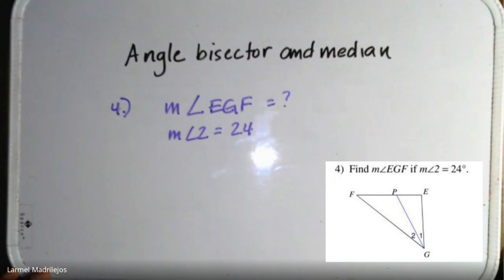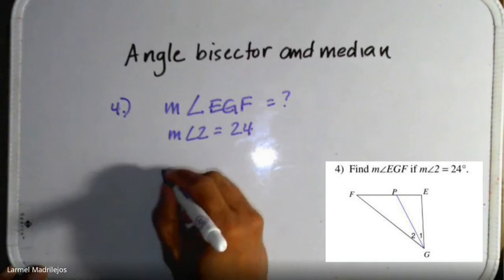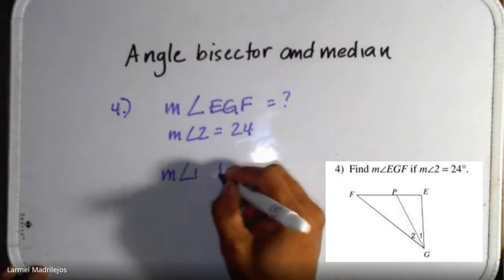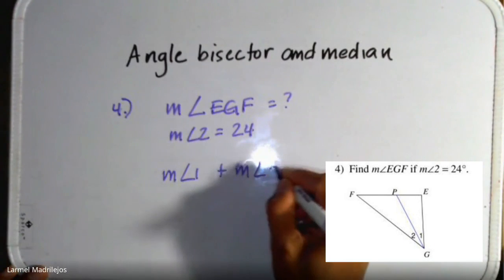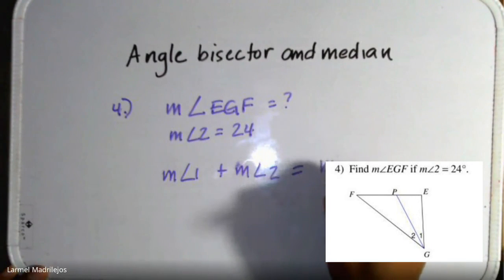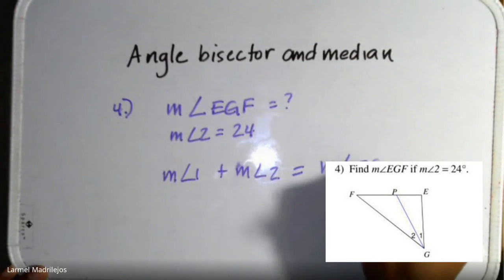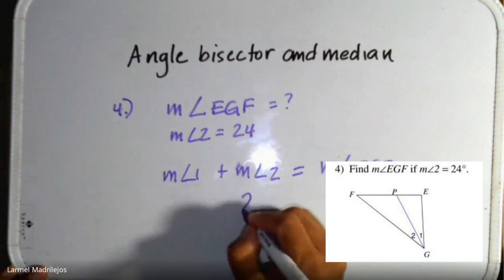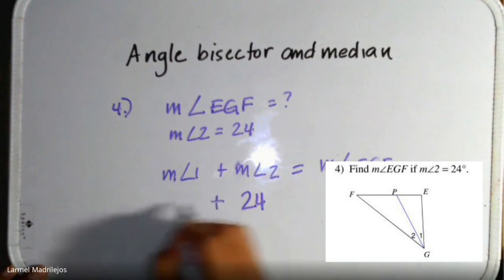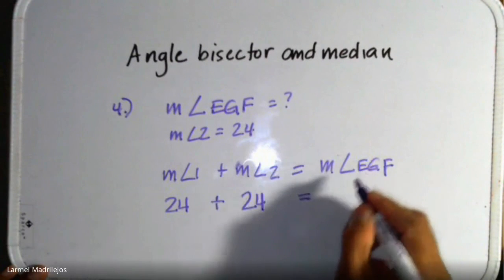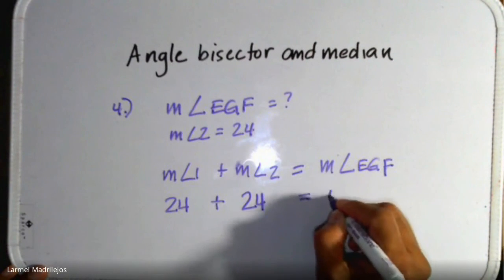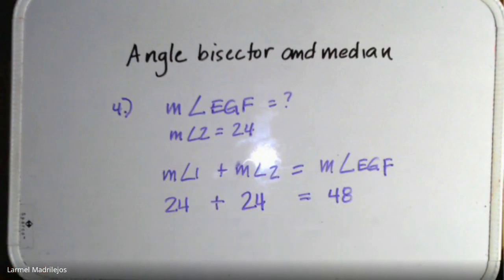The same concept: measure angle 1 plus measure angle 2 equals measure angle EGF. If this is 24, we expect that this is also 24. So your measure angle total is going to be 48. Thank you.